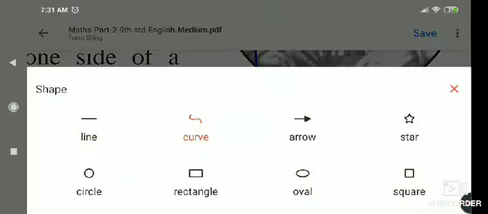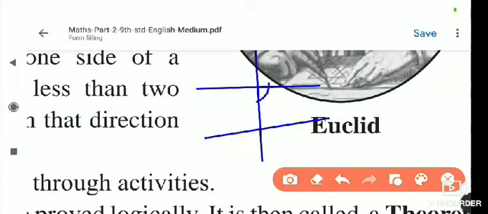I have drawn it a little bit slanting. If I draw this, you will notice that the measures of these angles add up to less than 180. Suppose this measure is 90 degrees and the measure of this angle is 70 degrees. So these lines intersect in the forward direction. How?